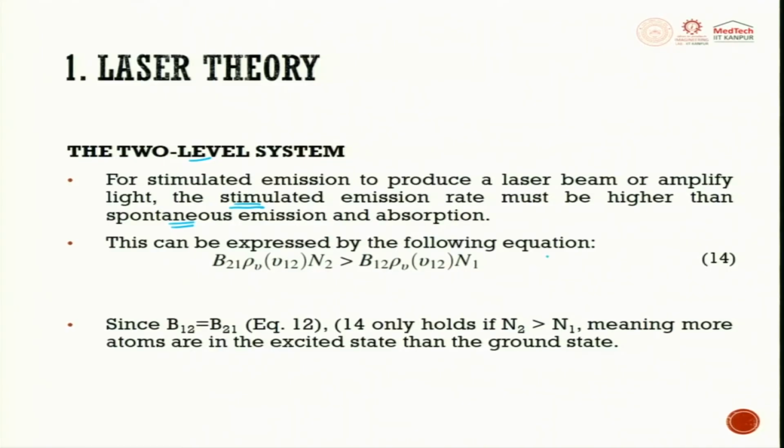This can be expressed by the following equation: B21 rho nu N2 should be greater than B12 rho nu N1. Since B12 and B21 are constants, from equation 12 and putting it in equation 14, N2 is greater than N1, meaning more atoms are in the excited state than the ground state. This is called population inversion.